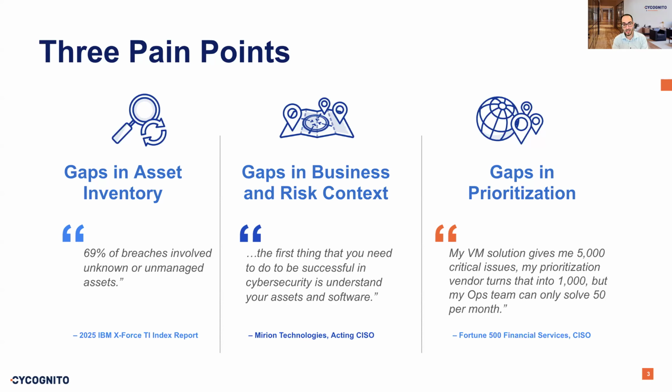CAASMs, internal asset management tools, are more modern. However, they're really an IT tool that is based on integrations. So if you have your agents deployed at, say, 100% of what you're trying to monitor, you're good. The problem is, especially at enterprises, that's never the case.